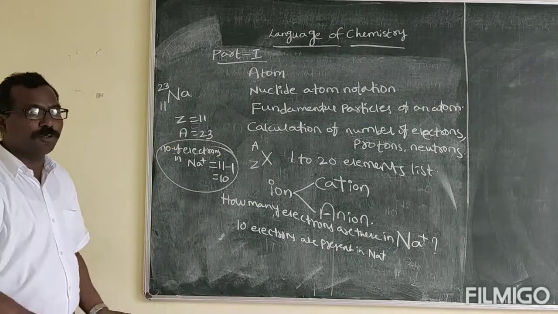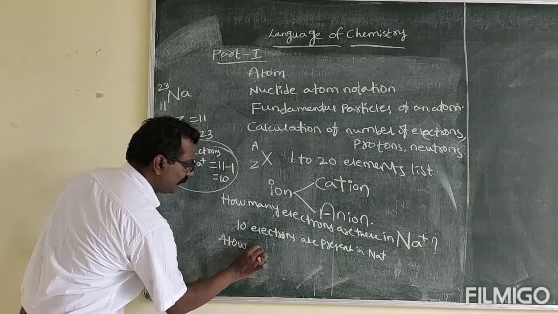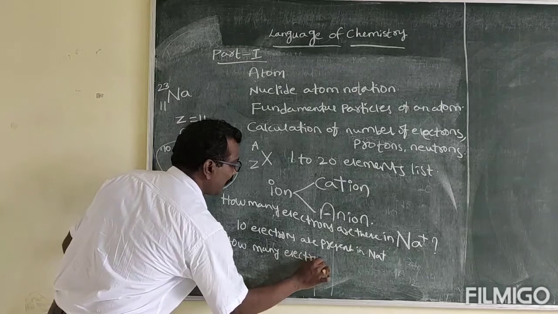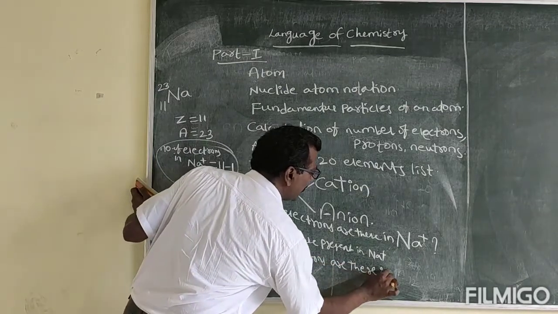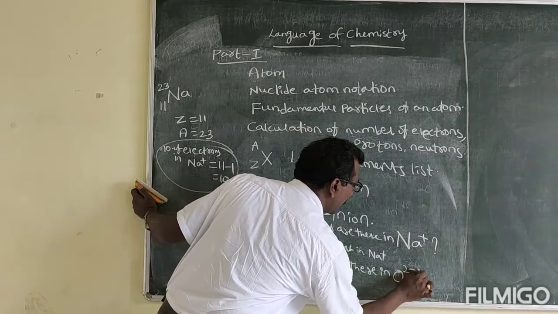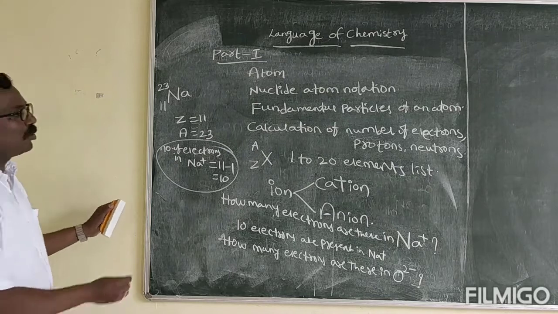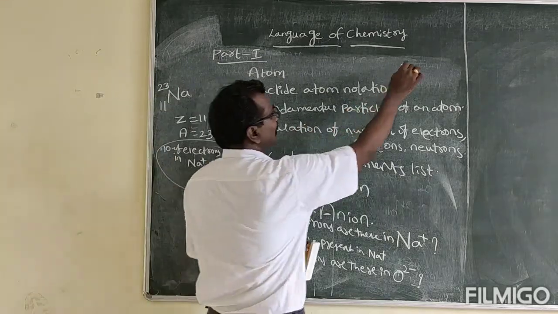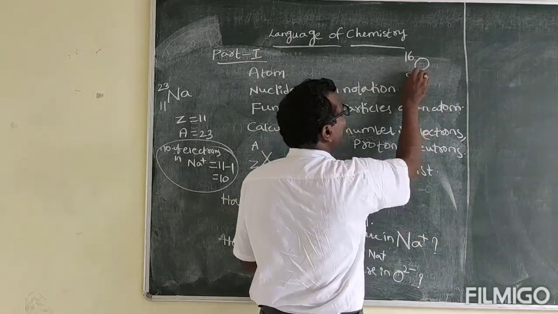One more question to you now. How many electrons are there in O2 minus? So O2 minus means what you have to get again? Oxygen, O 16 8.